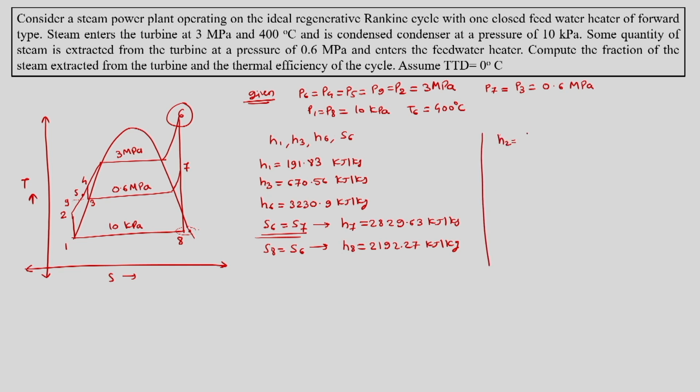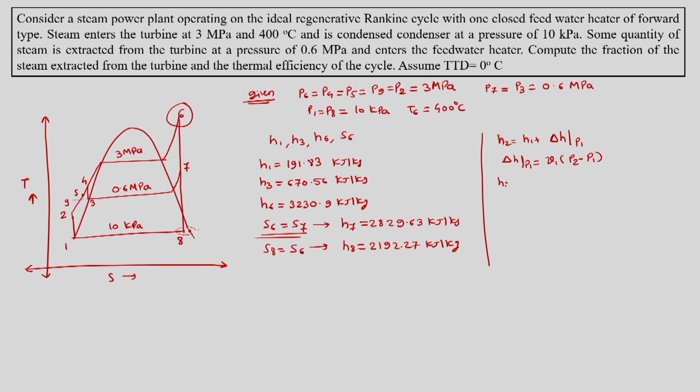Once this is done, we can find H2. For that we can say H2 is equal to H1 plus delta HP1, where delta HP1 is equal to nu1 into (P2 minus P1).